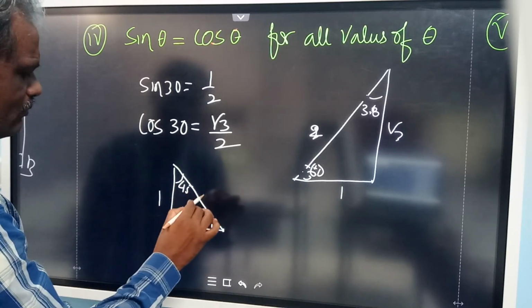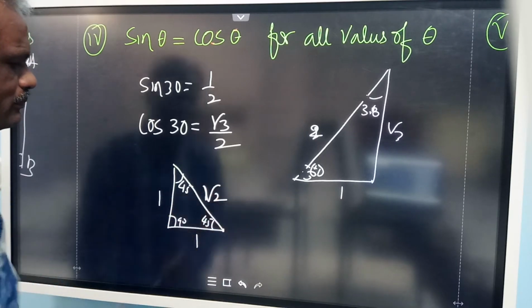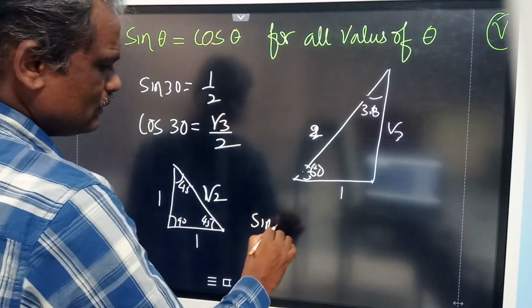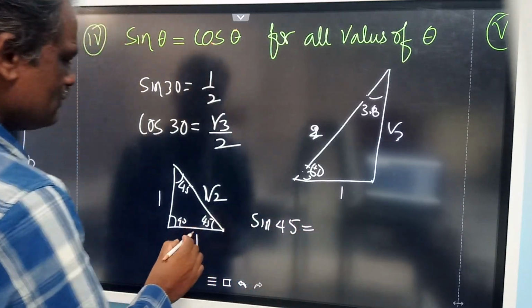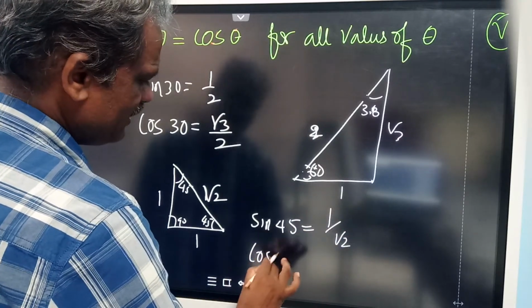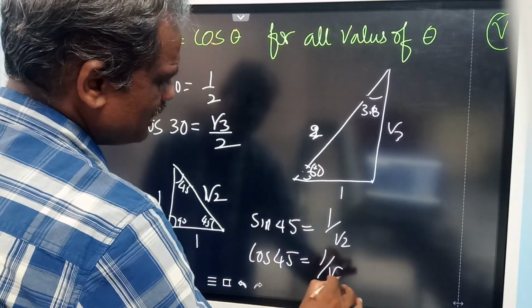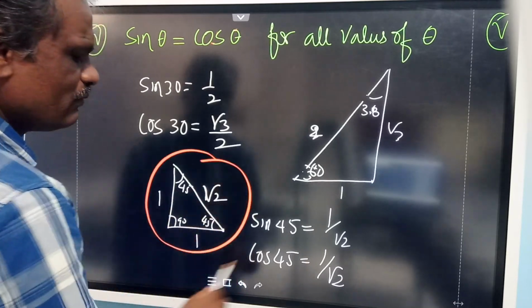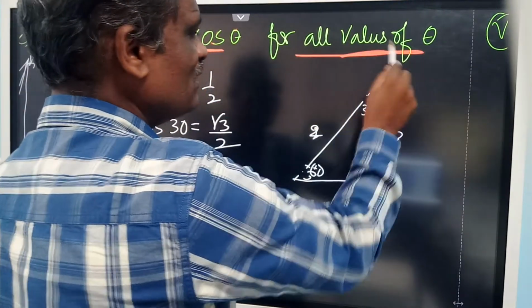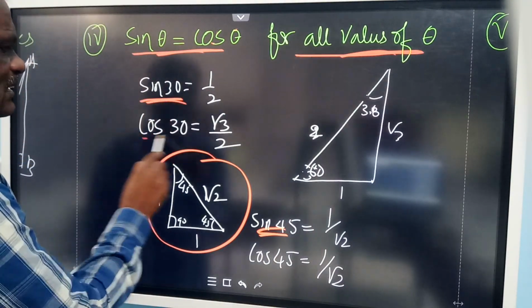The ratio is 1, 1, root 2. Sin 45 is 1 by root 2. Cos 45 is 1 by root 2. It is true only for 45 degree, not for all the values of theta. For 30 degree it is not true.